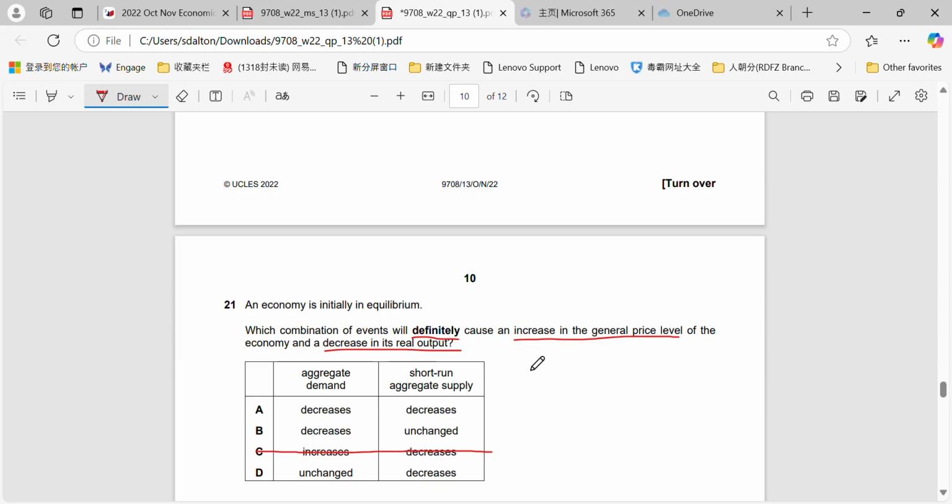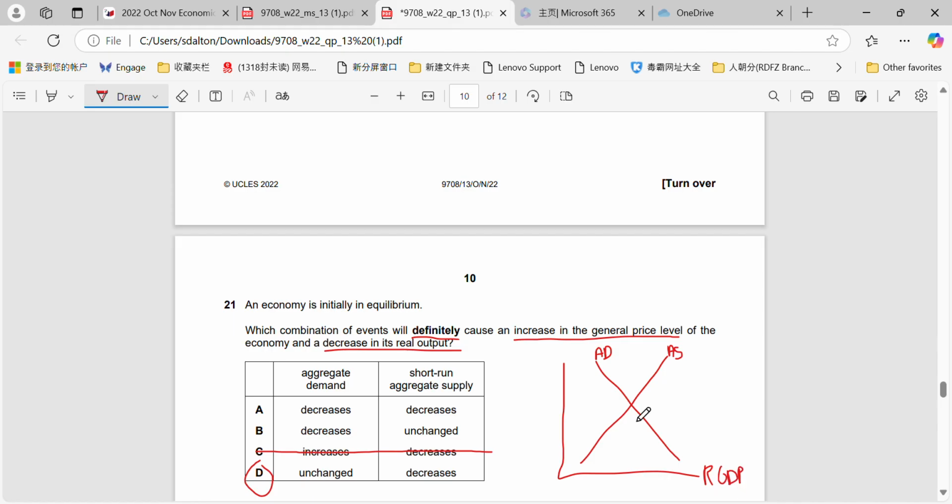The circumstances in which we will have a general price level increase and a decrease in real output would be D, if our AD remains unchanged and if our AS moves to the left. It would cause cost-push inflation, which is where real GDP will go down and where the price level will rise.